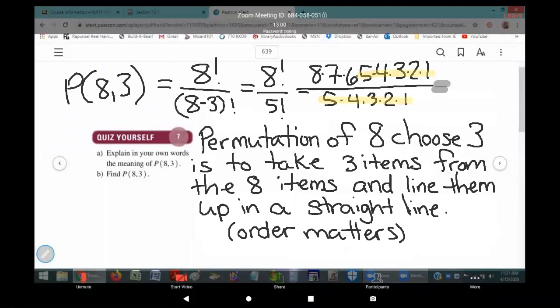We have 8 times 7 times 6, which is 336. So the permutation of taking 3 items from the 8 that you have and forming a line out of them, you would have 336 ways of doing that.